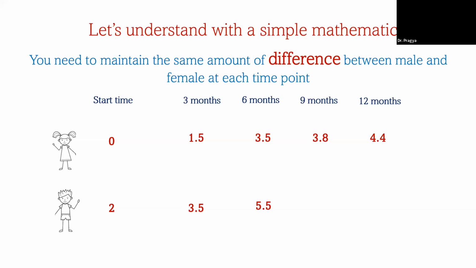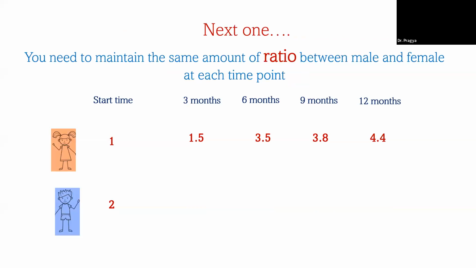What about at 9 months? 9 months will be 5.8, agreed, and the other will be 6.4. So this is across the two groups, if you want to maintain the same difference between the two outcomes at different time points: start time, 3 months, 6 months, 9 months, and 12 months.